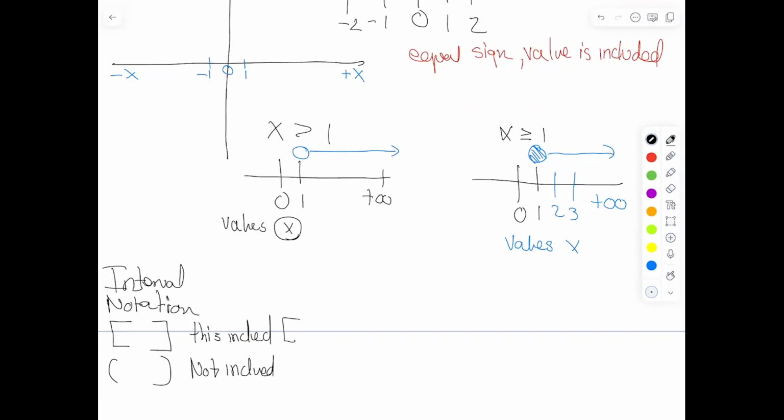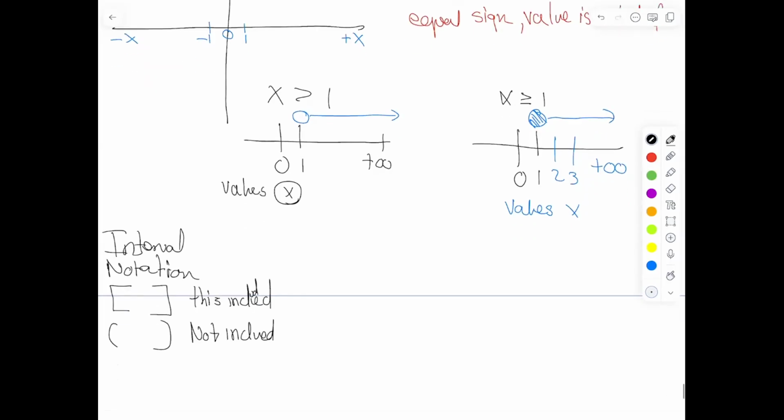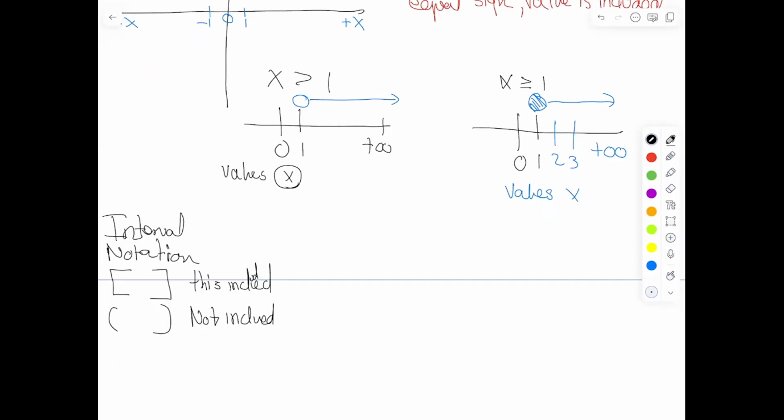It is included because there is an equal sign. Parentheses means no equal sign.